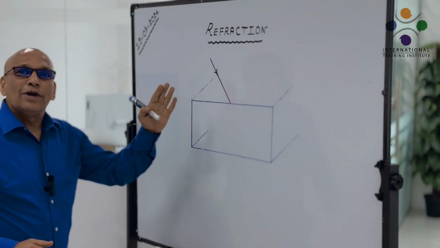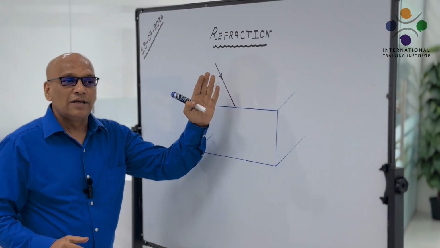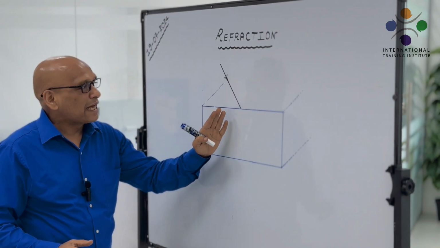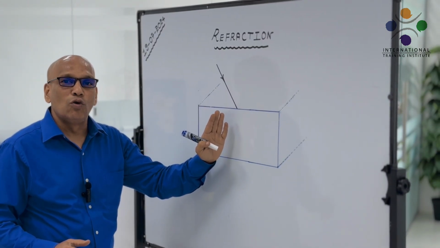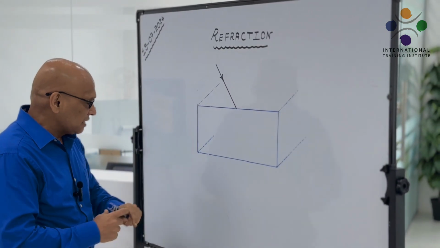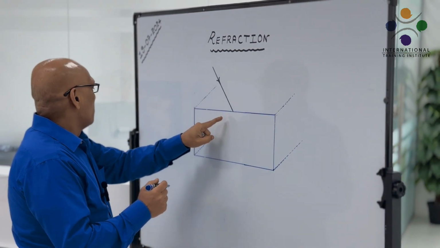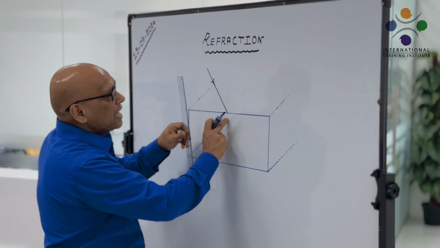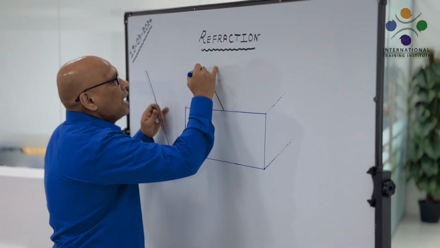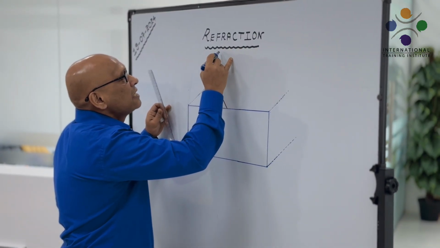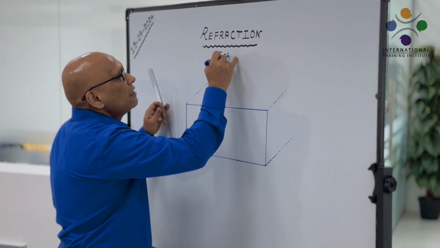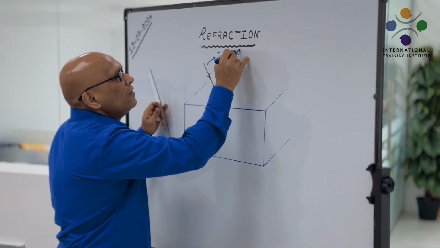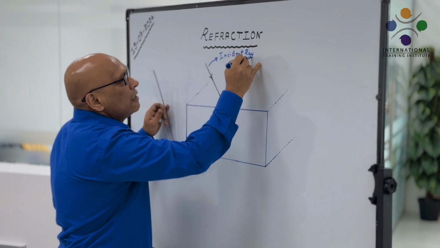In order to explain refraction, one has to understand the diagrammatic representation of refraction. Let us consider this as my light ray, which is striking the glass surface. I can name this the incident ray, the striking ray which strikes the glass.